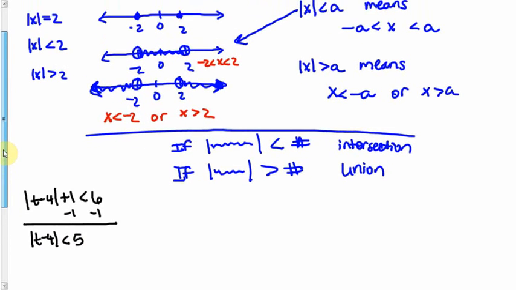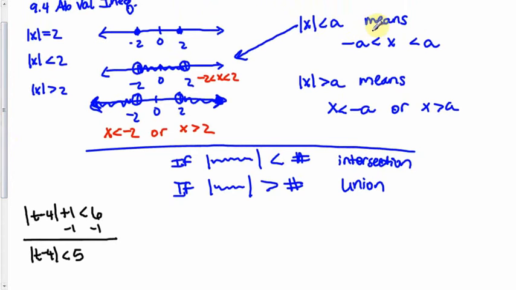according to this right here, it means that I can set it up as, here's your rules up here. It's this one, isn't it? Negative a, well a is 5 here, so negative 5 is less than whatever's inside the absolute value is less than positive 5.